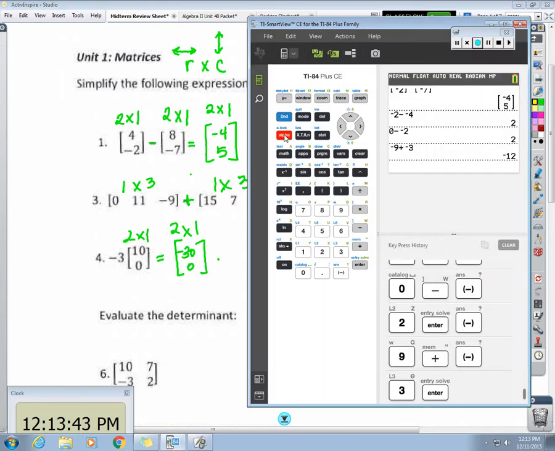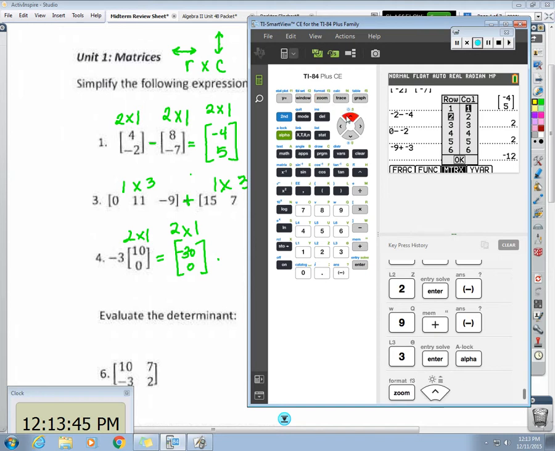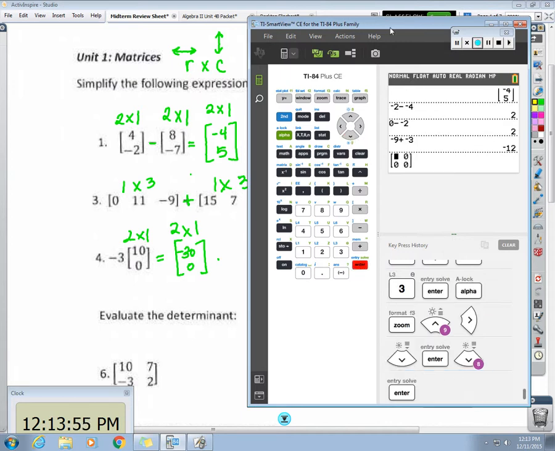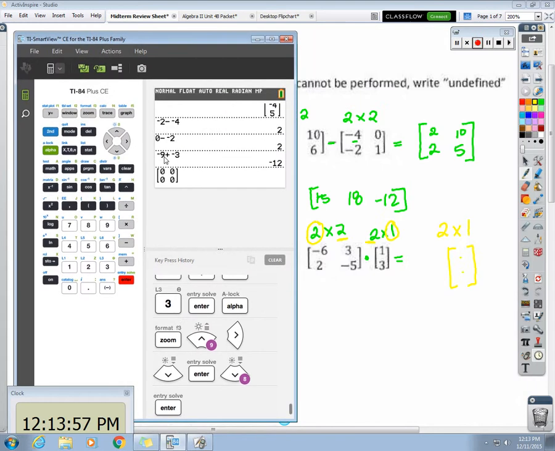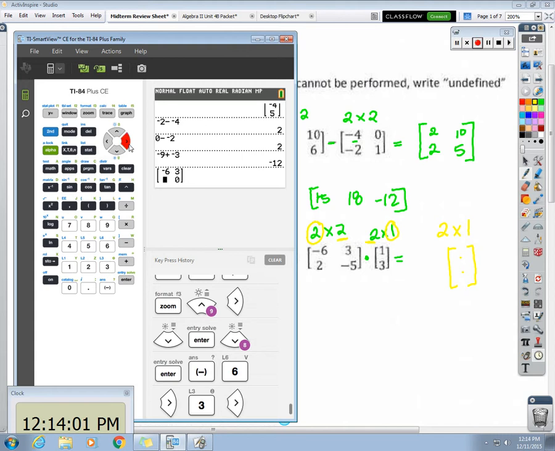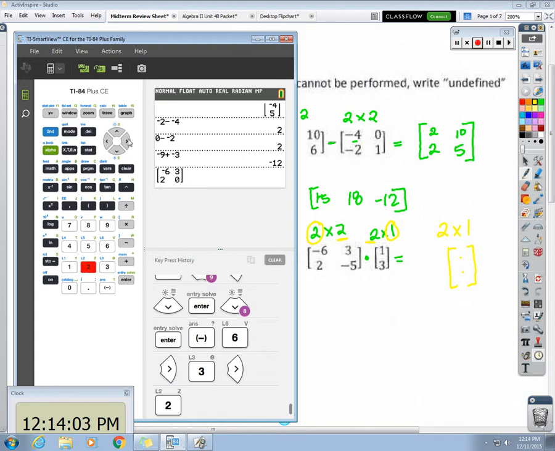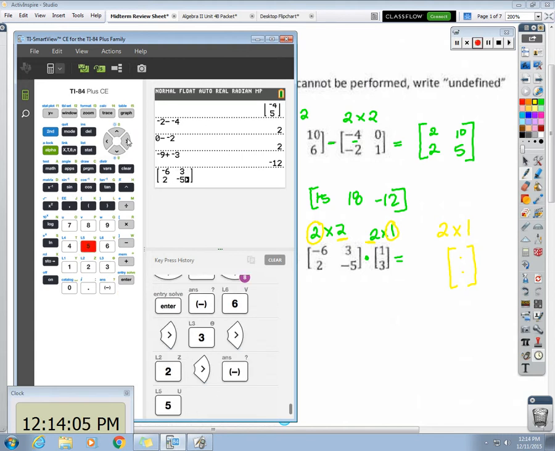So, Alpha Zoom, our first matrix is a 2 by 2. Okay, and the elements are negative 6, okay, then we're going to multiply that by this matrix, which is a 2 by 1.